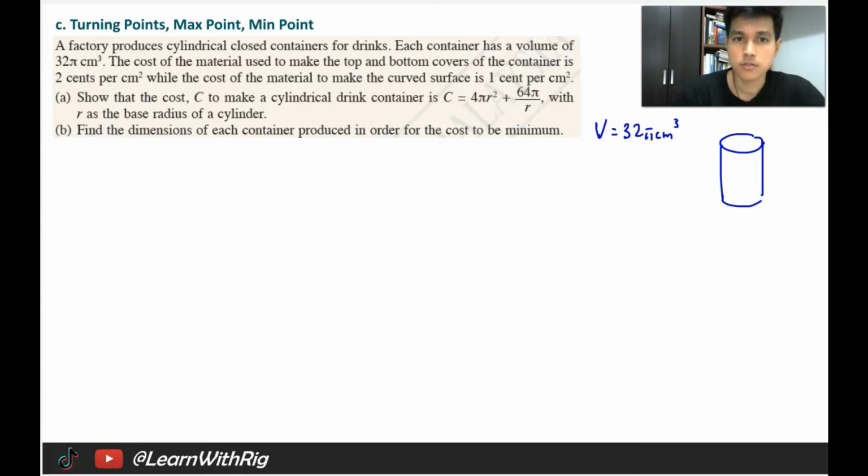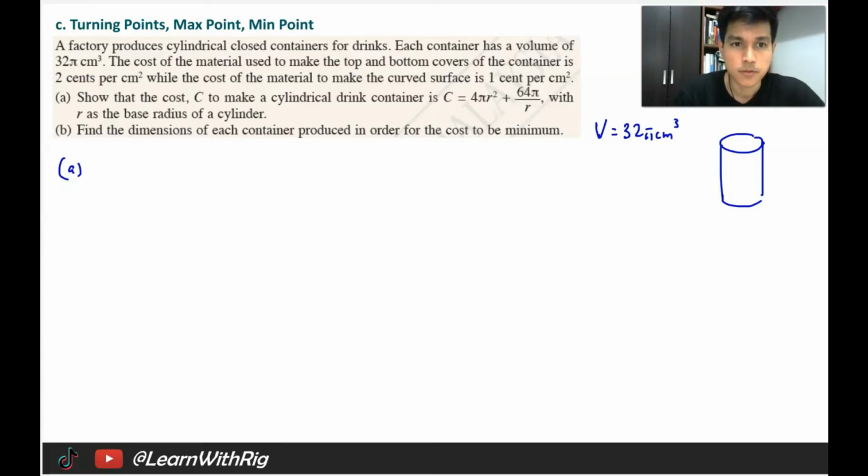Show that the cost, okay, so that means they want you to find, question A, they want you to find the cost, correct? Since they got two pricing, you have to solve separately. So in this case, let us solve separately. The top layer, you have 2 cents per square meter, correct?